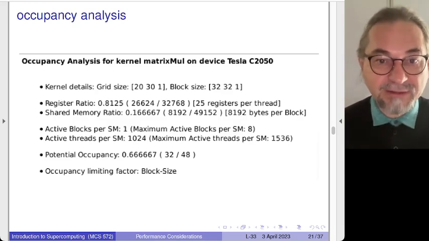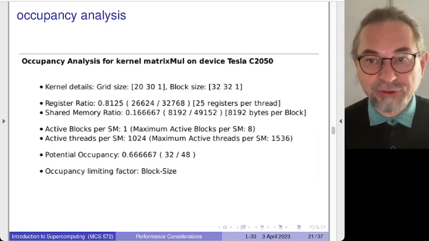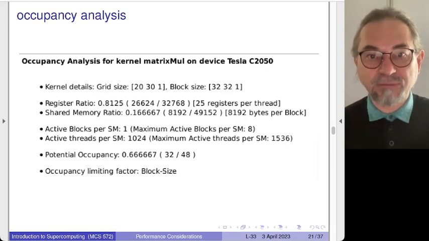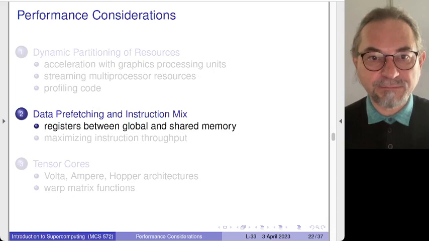The number of active blocks per streaming multiprocessor was only 1 instead of 8. So the block size of 32 by 32, which is 1024 threads per block, is actually quite bad. So we are at the case where the configuration parameters were not that good.